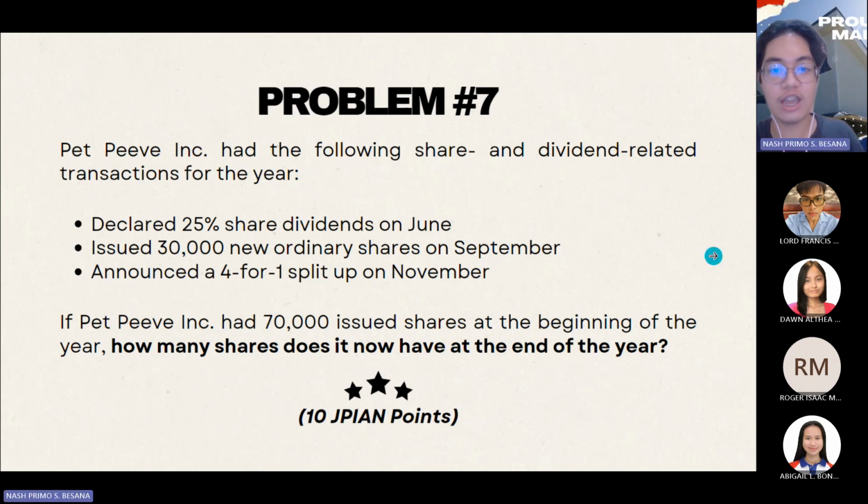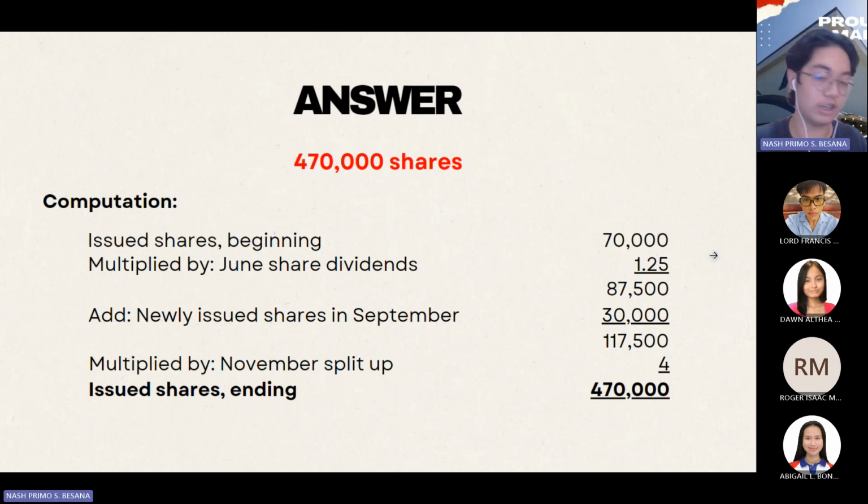So the correct answer is 470,000 shares. So issued shares na beginning, which is yung 70,000, multiplied by the June share dividends, which is yung technique earlier, na times 1.25 na agad instead na 0.25 lang. So 70,000 times 1.25 would give us 87,500.